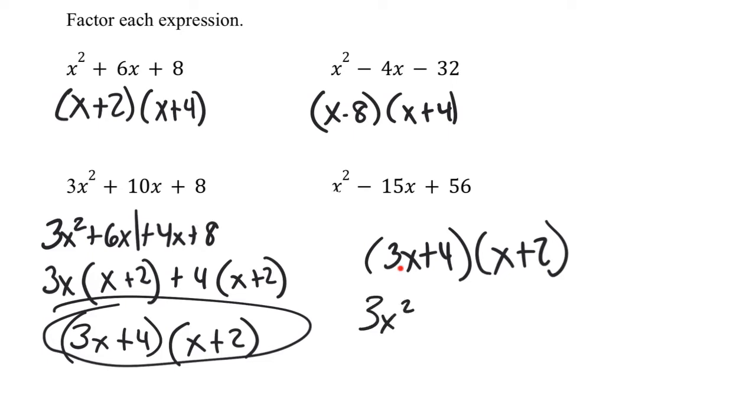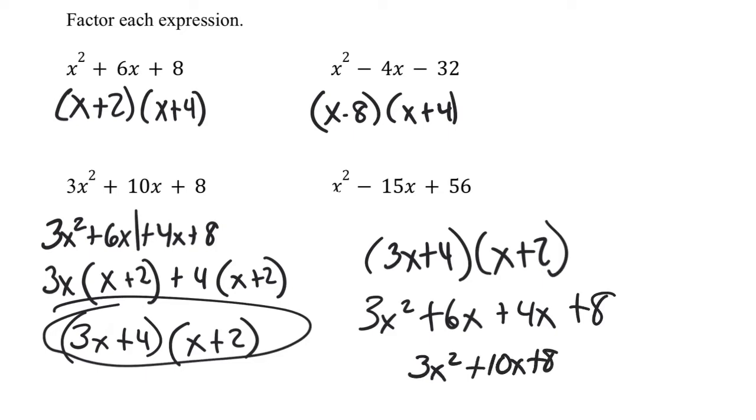Then I have 3x times the 2, give me 6x. Then I have 4 times the x, gives me 4x. Then I have 4 times the 2, which gives me 8. If I put all that together and combine like terms, 6x and 4x equals 10x plus 8. I can see that this matches this, so I know I am correct.